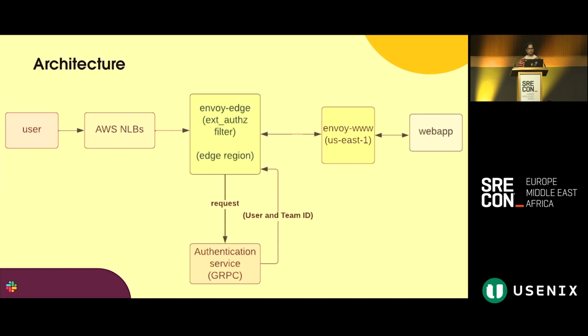The request reaches one of our many AWS NLBs, and NLBs are configured to send the request to Envoy Edge. Like I mentioned, these Envoy edges are configured with ext-auth filter. So when a request comes to Envoy Edge, it sends request headers and part of request body to the auth service, as the loop in there.